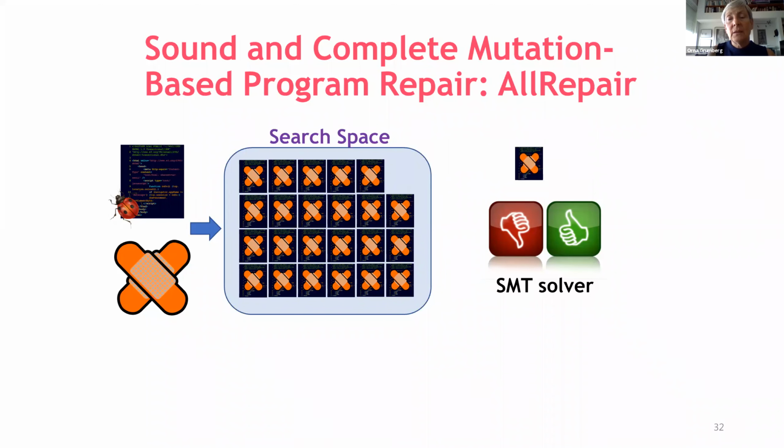We take one patched program, and if it is correct, then not only do we remove it from the search space in order not to get it again, but we also remove from the search space all those that are non-minimal with respect to this specific one. So we see that we reduce the search space in a certain way in AllRepair.